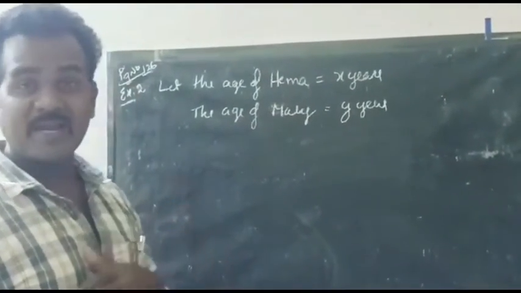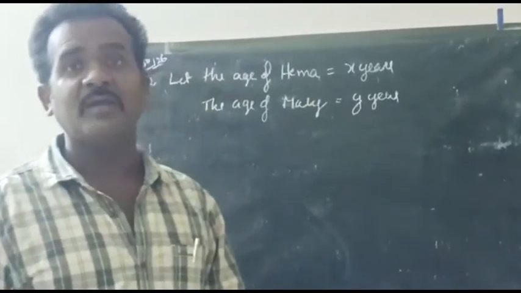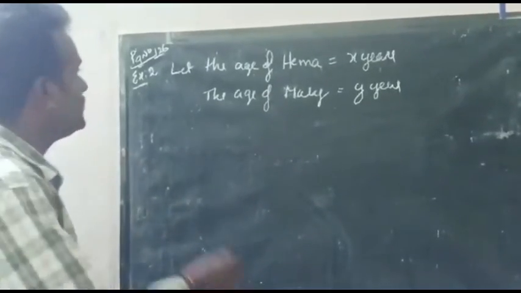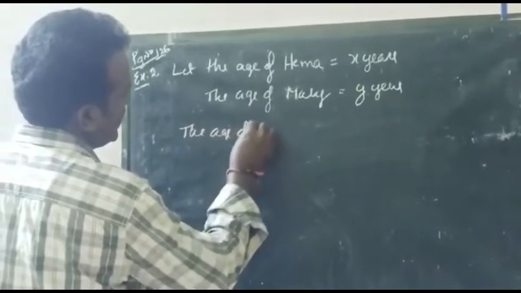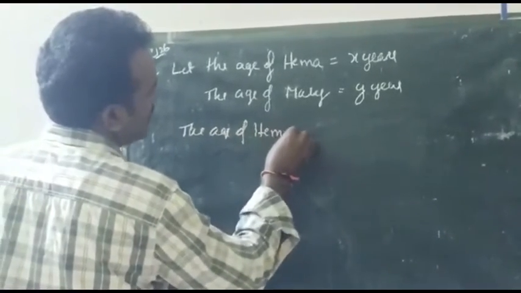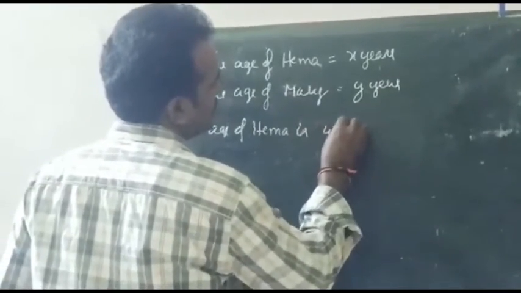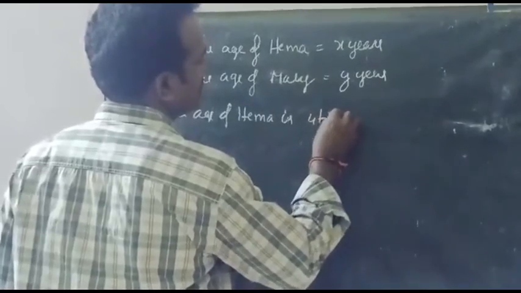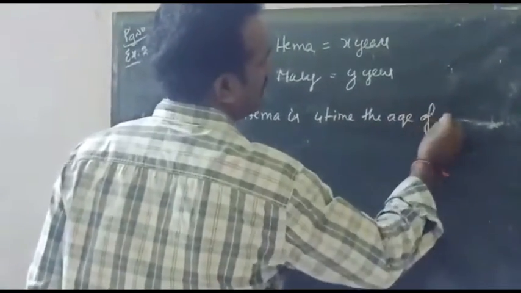Here one condition is given. What is the condition? The age of Hema is 4 times the age of Mary.